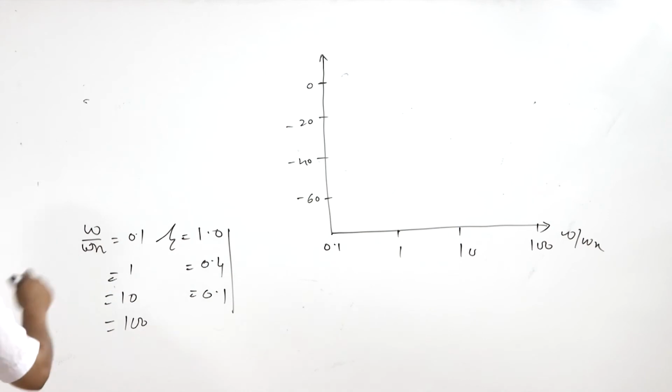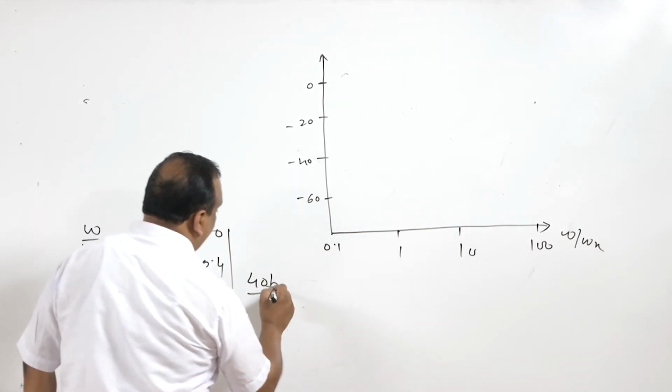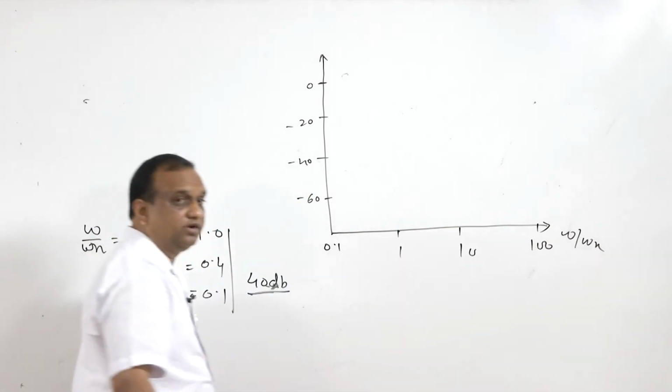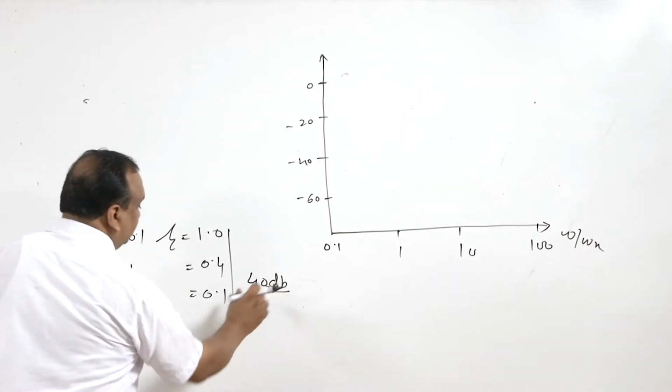Here also the curve becomes a straight line, and the difference is 40 decibels for every decade. In a first order system it was 20 decibels. Here in a second order system it is 40 decibels.